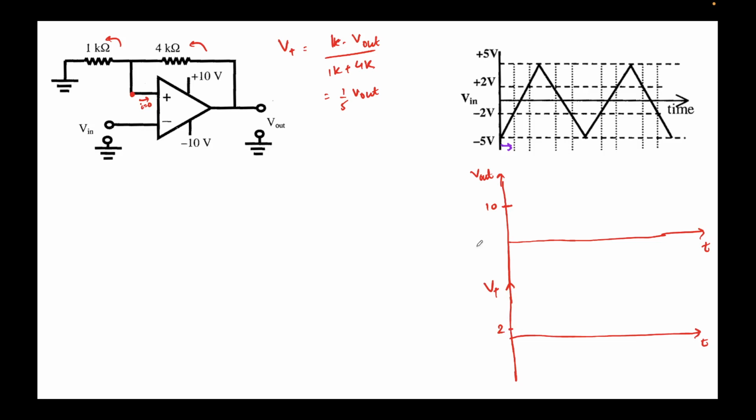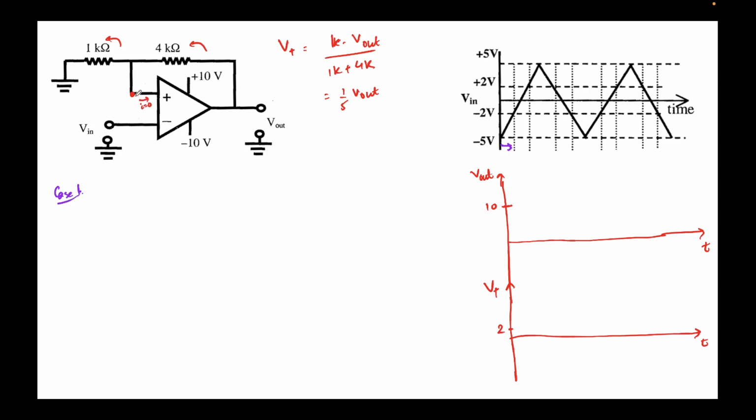Now let's move forward in time and see what happens as time increases and V in increases. We can say case 1. Now this will be treated as a reference voltage. I told you in a comparator, V plus and V minus are compared.